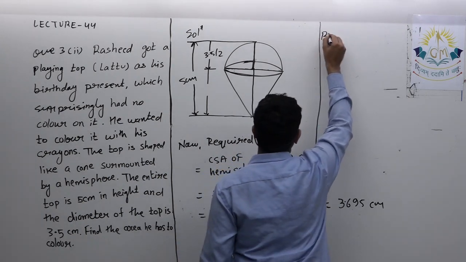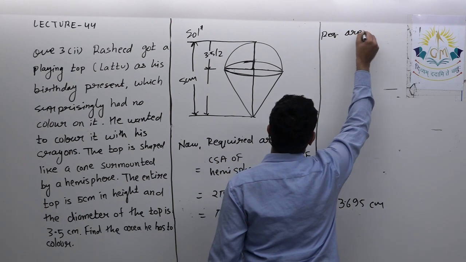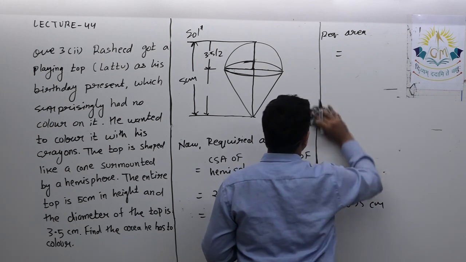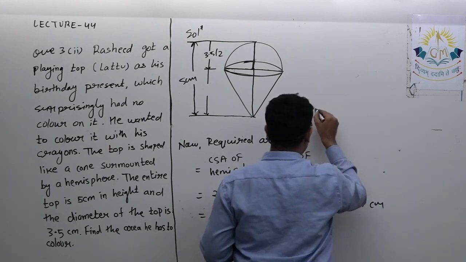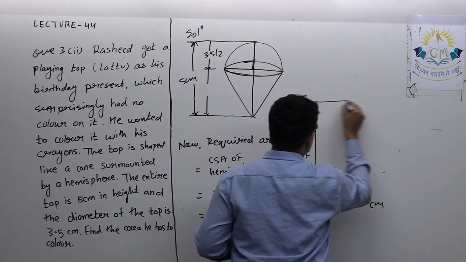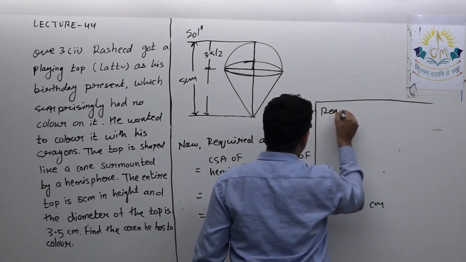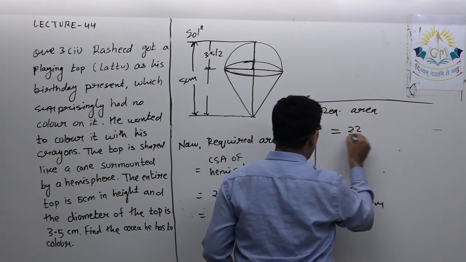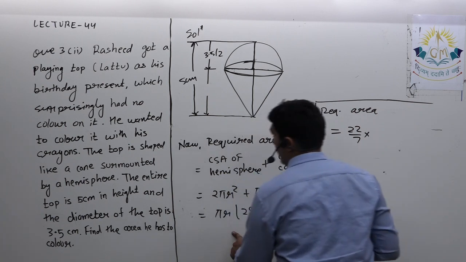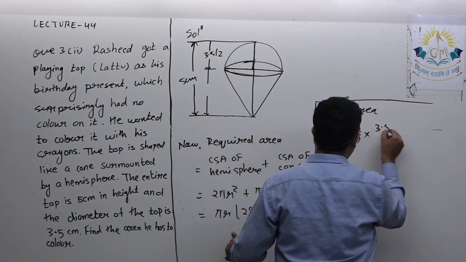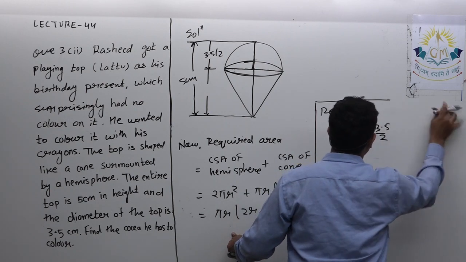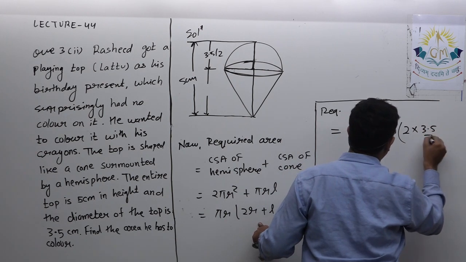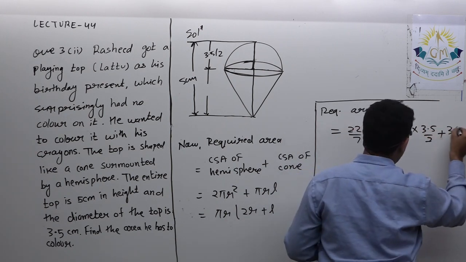Required area is equal to pi, which is 22 by 7, r is 3.5 by 2, pi r into 2r, that is 2 into 3.5 by 2, plus l, that is 3.6.